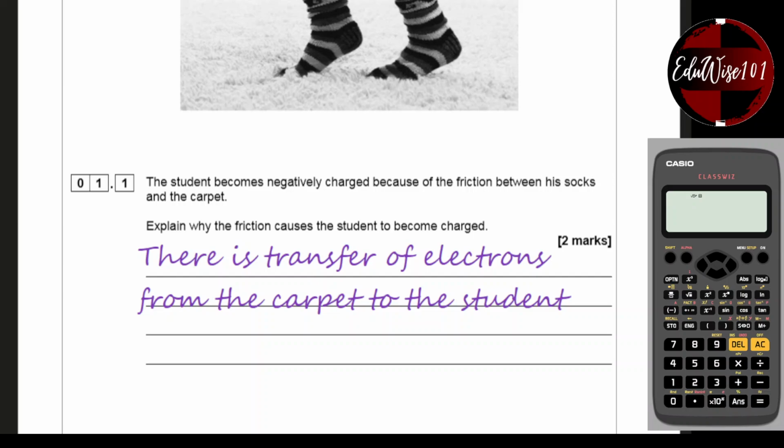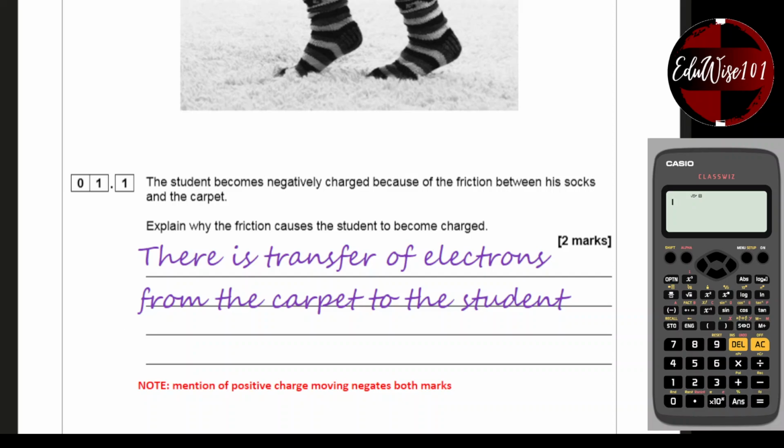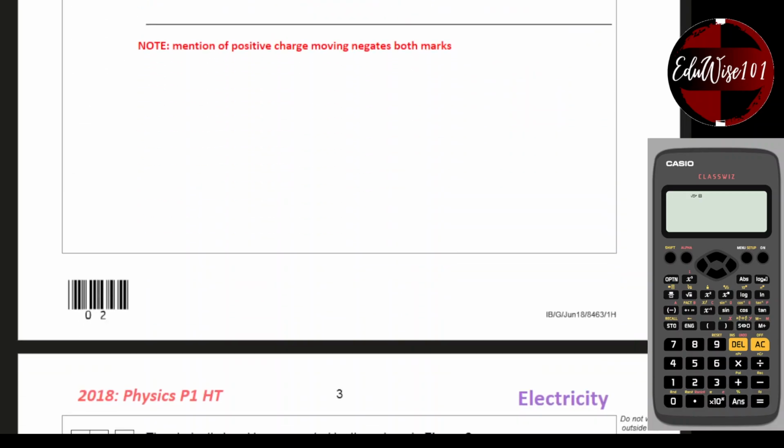That carries 2 marks. To mention that there's a transfer of electrons is the 1st mark, and to say it's from the carpet to the student is the 2nd mark. Now, if you mention positive charge moving, then you're going to lose both the marks. So it's only the movement of electrons or the negative charges.